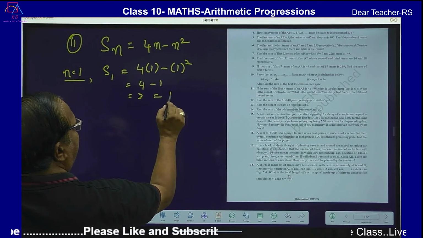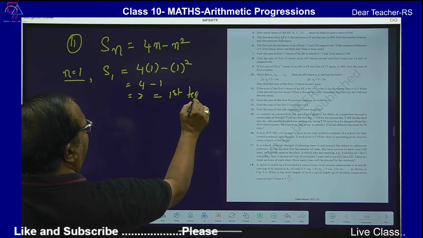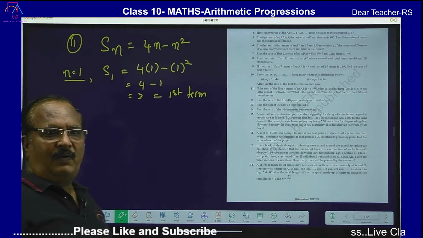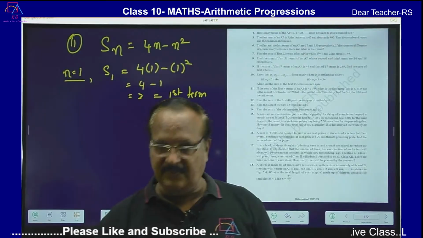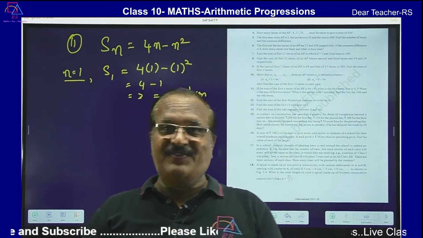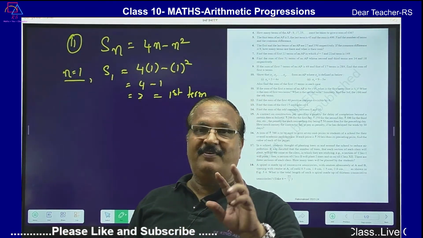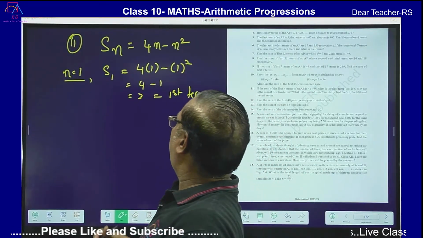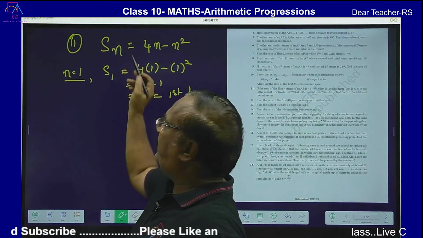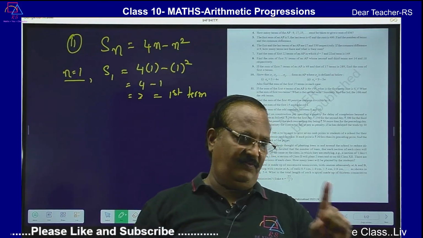This is nothing but first term. Always S1 is equal to first term, because sum of one term, that is only first term. S1 is always first term. So now if you are keeping n is equal to 1 in this, you are getting first term.